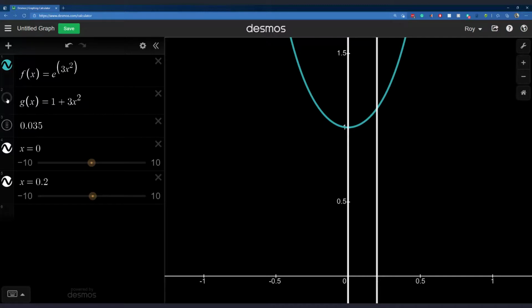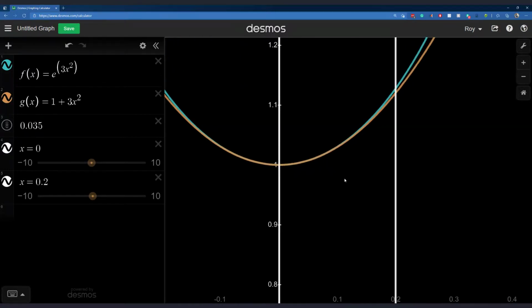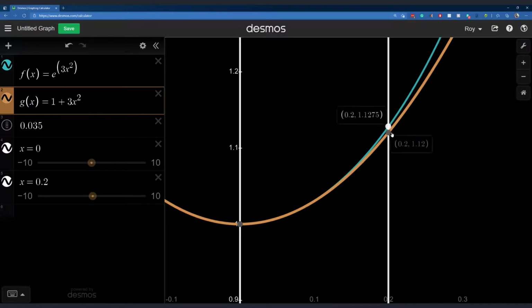Now let's take a look at our approximating function, our second degree Taylor polynomial. You can see that it actually does look pretty good, right? There is a little bit of error off to the edge there. The blue curve is the actual function. The orange curve is the Taylor polynomial approximation.